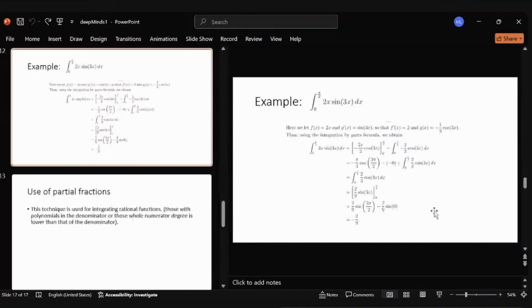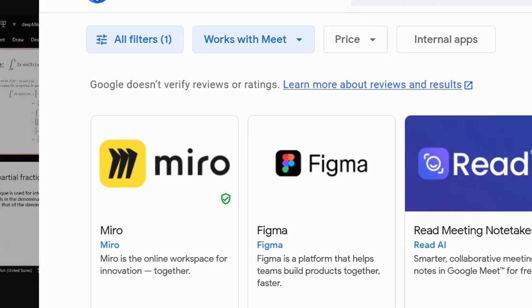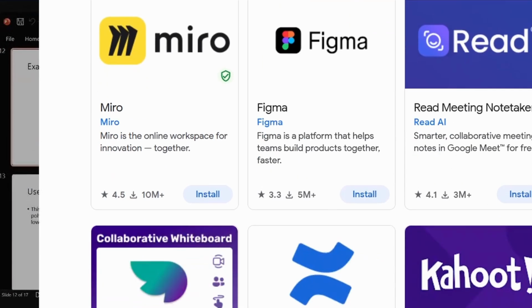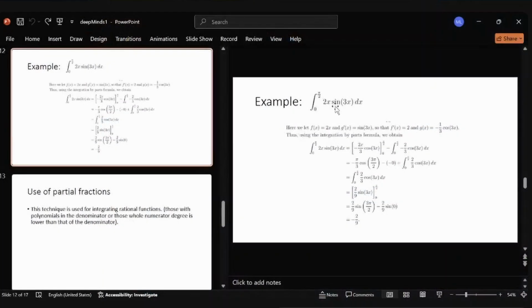This is another example, or the first example under integration by parts. We are seeing the integrand as 2x times sin x. This is an algebraic function, and this is a trigonometric function. So according to the LIATE rule, the algebraic comes before the trigonometric.